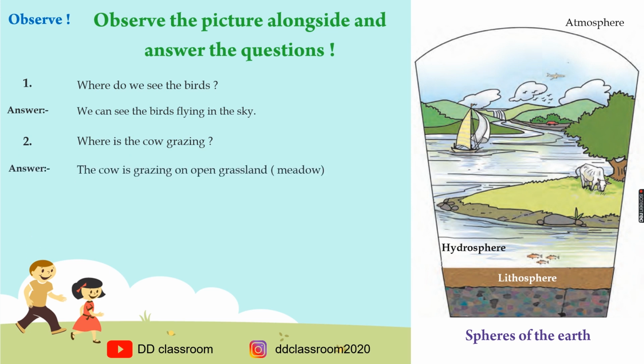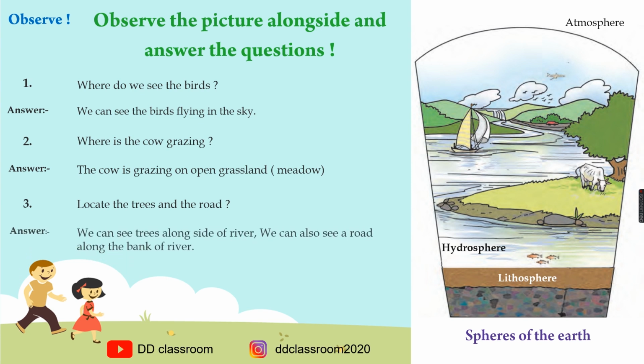And the answer is the cow is grazing on open grassland, means meadow. Question number 3. Locate the trees and the road. Answer is we can see trees alongside of river. We can also see a road along the bank of river.